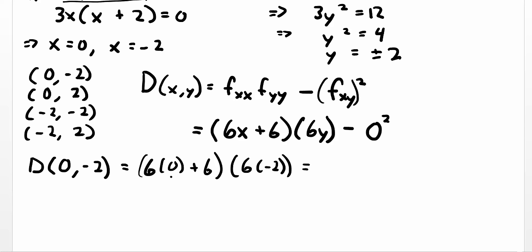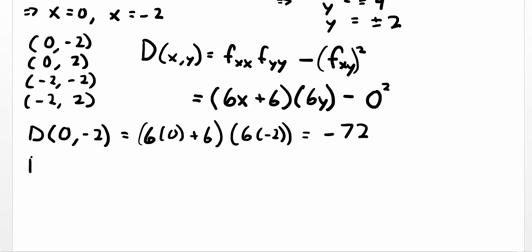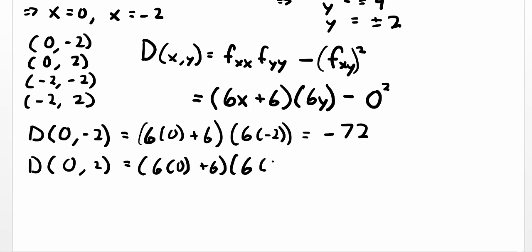And that gives us negative 72. Discriminant at 0, positive 2 is 6 times 0 plus 6, times 6 times 2. This is going to give us positive 72.